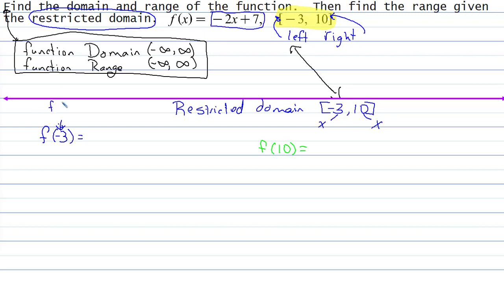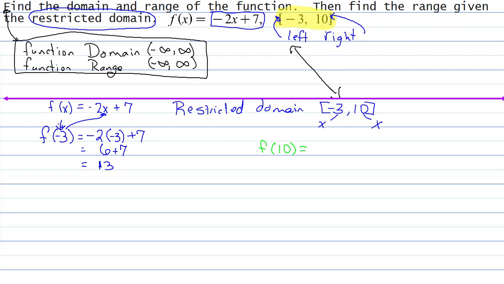Our function is f of x is equal to -2x plus 7. So if I have f of -3, that -3 replaces that x, so -2 times -3 plus 7. And then we just do order of operations. Multiplication comes first. -2 times -3 is a +6 plus 7, and that gives me a 13.